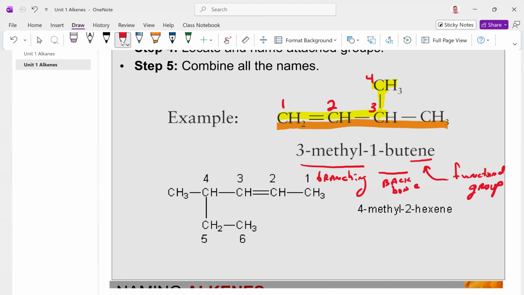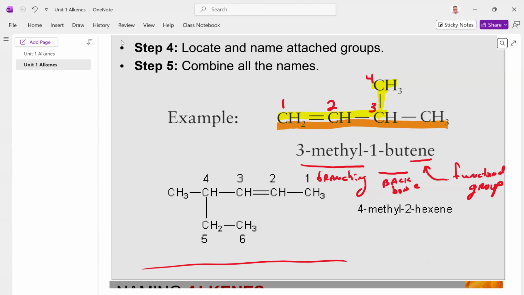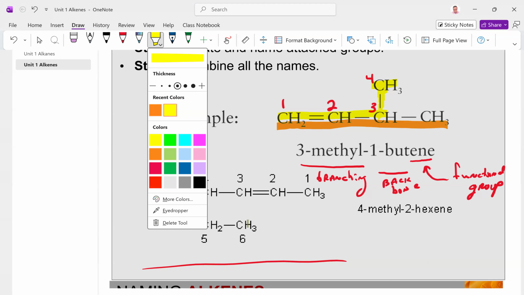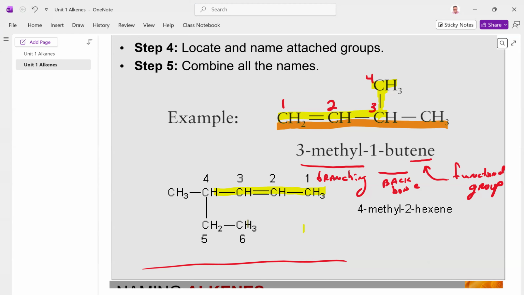Okay, so we've got this guy down here. Here's the functional group, the double bonded C. So our backbone has to include that. And we are going to go with yellow now. If I went straight across, there would be 5 carbons. But if I go down and around, it's 6. We want the longest backbone.